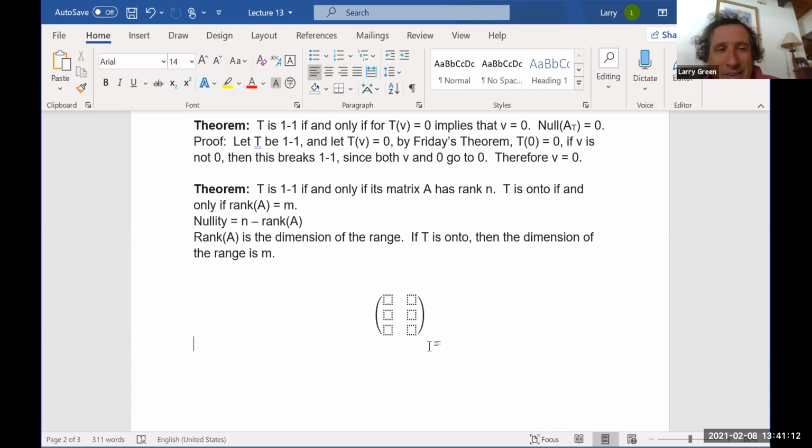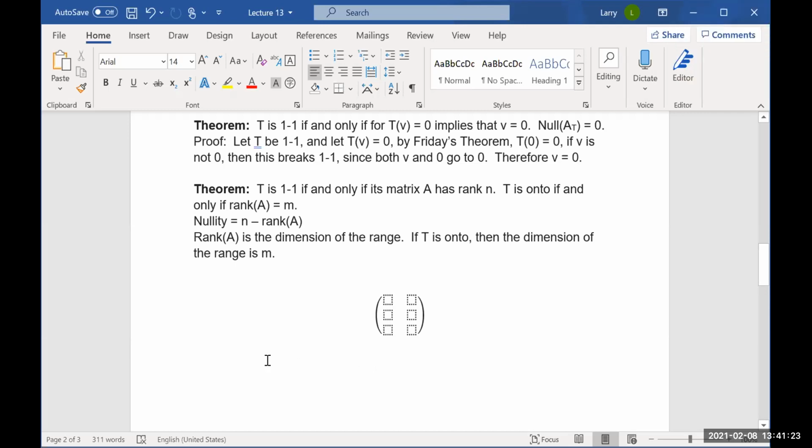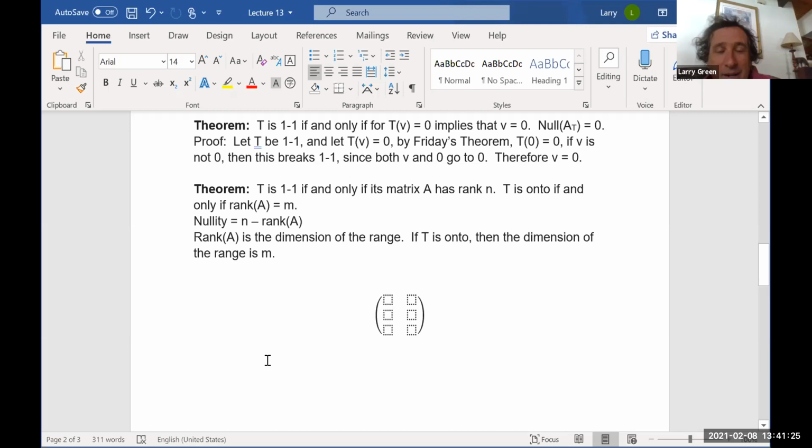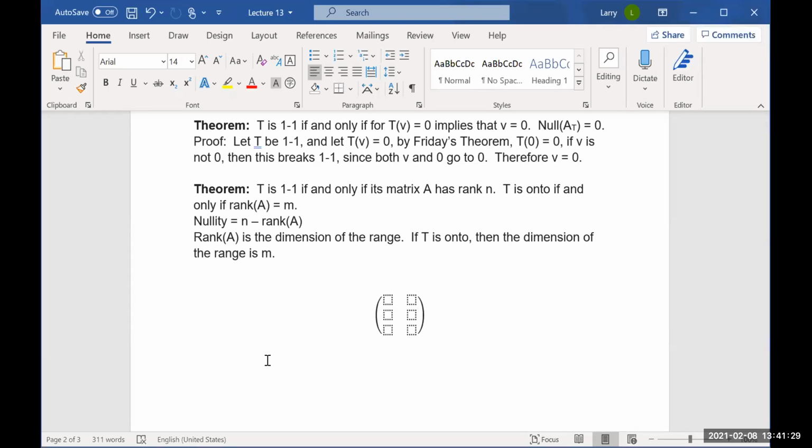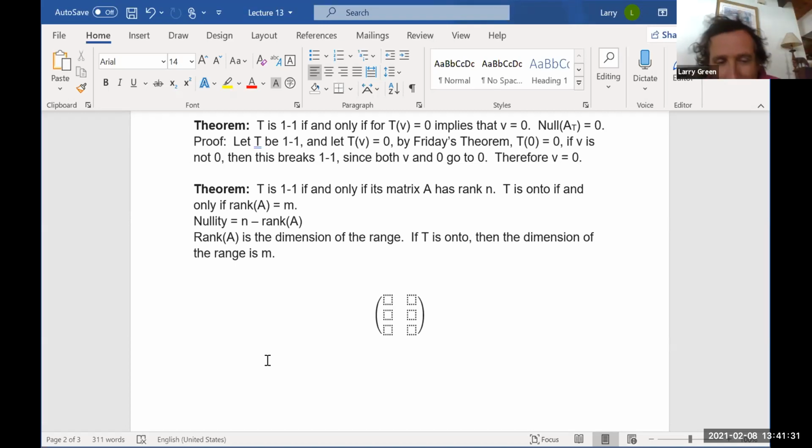Can T be onto? No. You're saying it can't be onto. And how come?